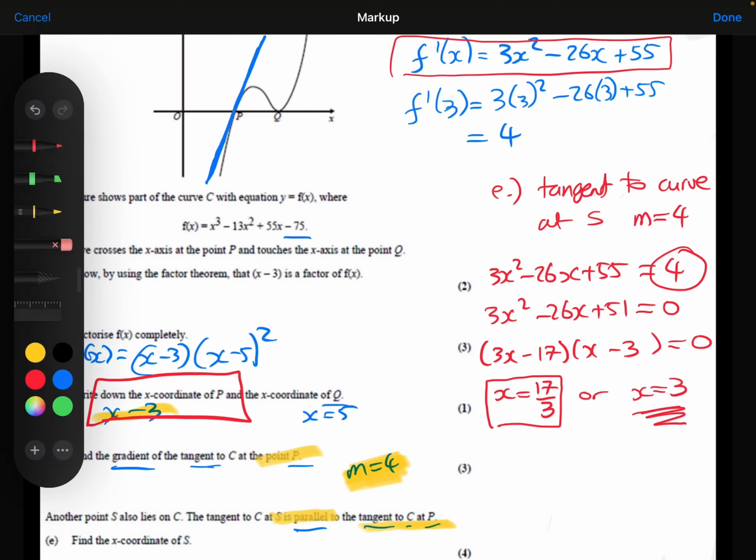So actually, we don't want to give the answer of 3. That's the x-coordinate of point P. This must be the x-coordinate of point S, where the gradient was parallel to what it was when x was 3 at point P. So that's the answer.